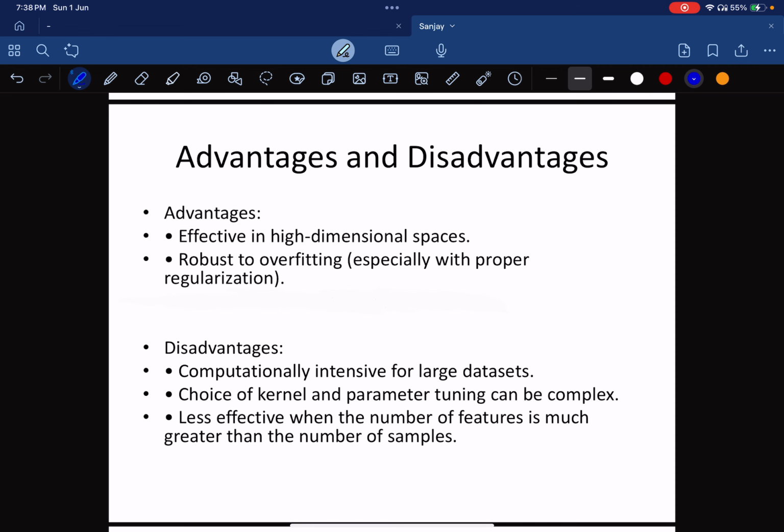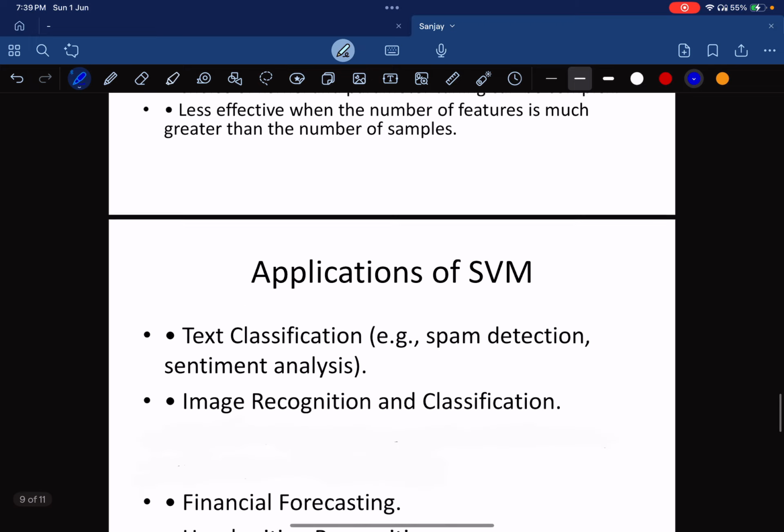Advantages: it is effective in higher dimensional space and robust to overfitting. And there are also disadvantages. It is computationally intensive for large data sets, choosing a kernel function is more complicated, and it is less effective if the number of features is much greater than the number of samples.